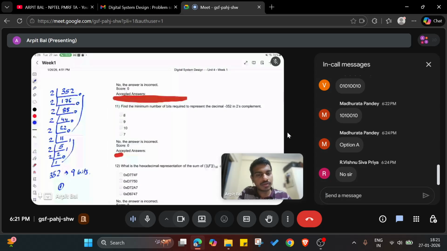For a negative number, I need to have a sign associated with it. So the total number of bits needed will be 1 plus 9, that is 10 bits.